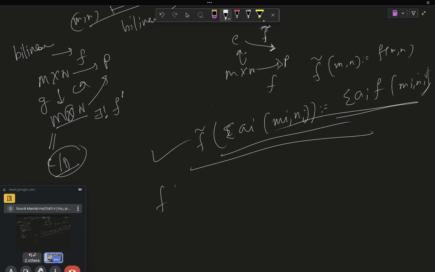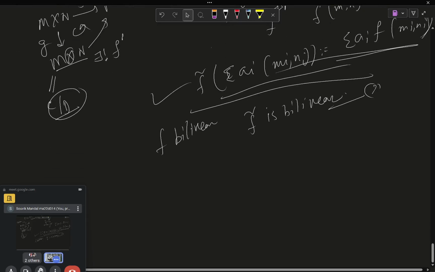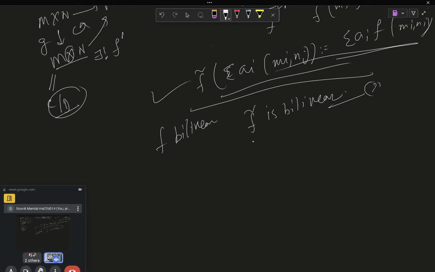Now, since f is bilinear, it is not difficult to check that f tilde is bilinear. You can check it. Since f tilde is bilinear, f tilde of (x1 plus x2, y) is equal to f tilde of (x1, y) plus f tilde of (x2, y).